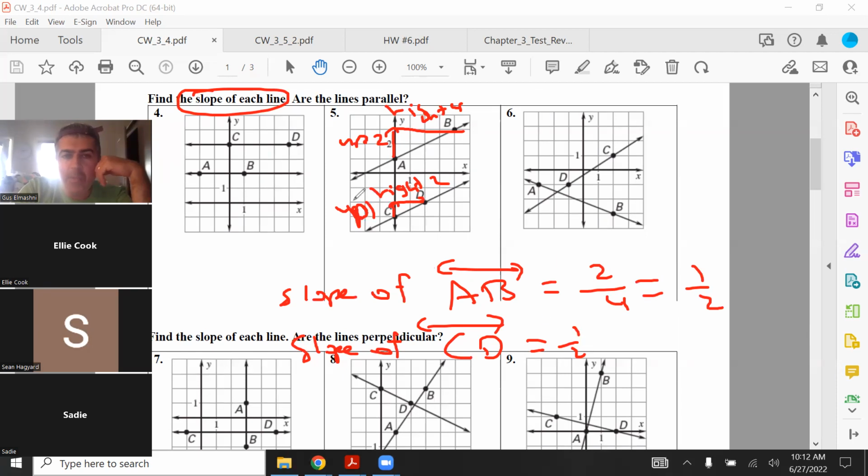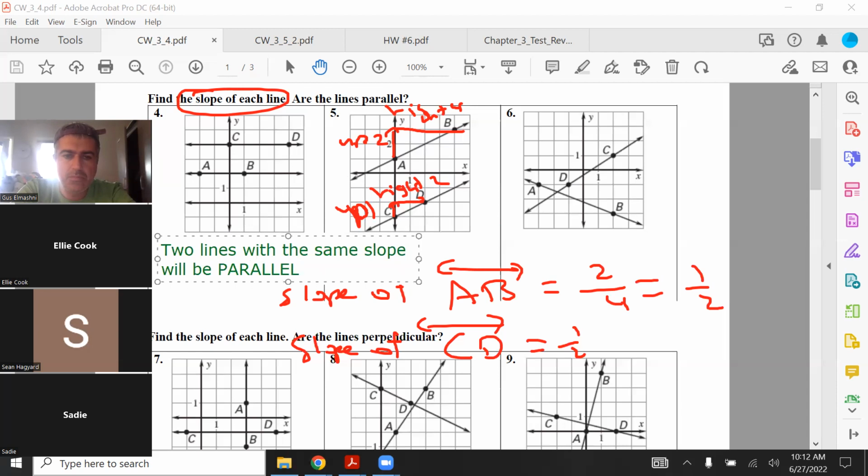So because of the same slope, two lines with the same slope will be parallel because it won't touch. They're rising and running the same way. So the answer is yes. Yes, those are parallel lines.